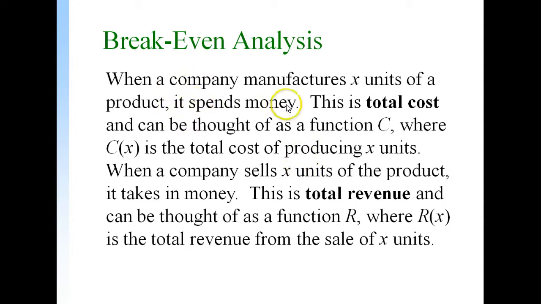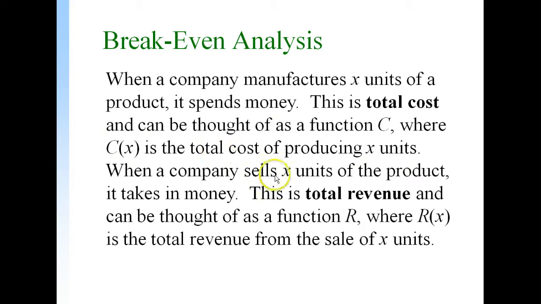So when a company manufactures X units of a product, it spends money. This might be equipment, it might be the renting of a facility, the electricity, the wages of the workers involved. So this is total cost and can be thought of as a function C for cost, where C of X is the total cost of producing X units.